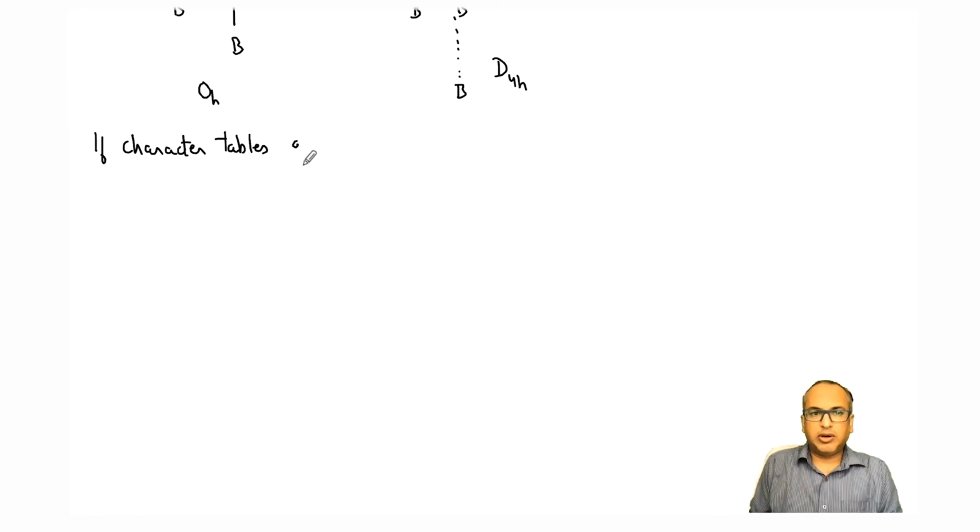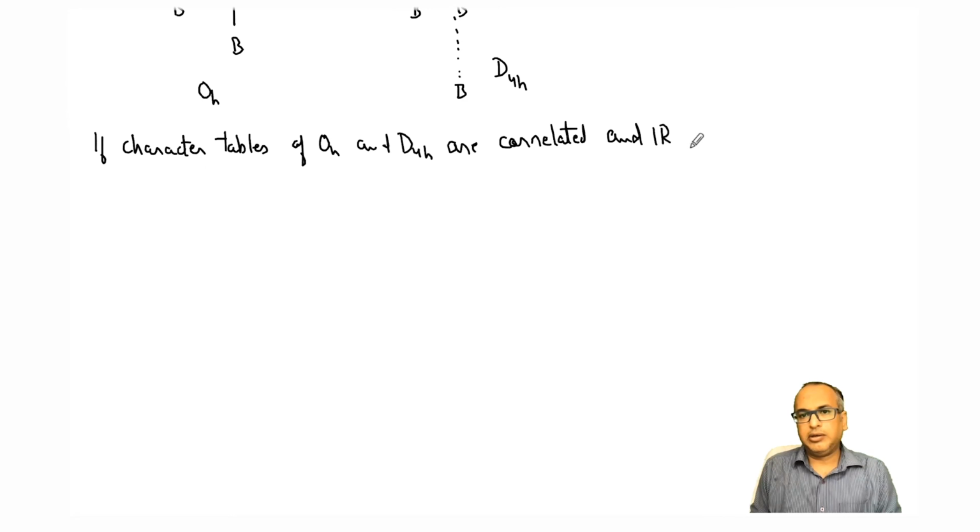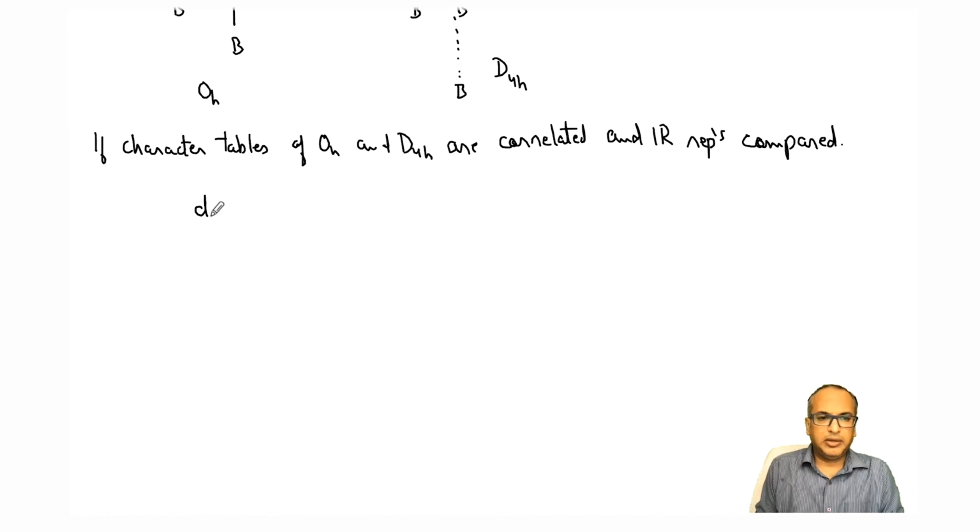If character tables of Oh and D4h are correlated and IR representations compared, what do we get? We get dz square actually correlates with A1g and dx square minus y square correlates with B1g.